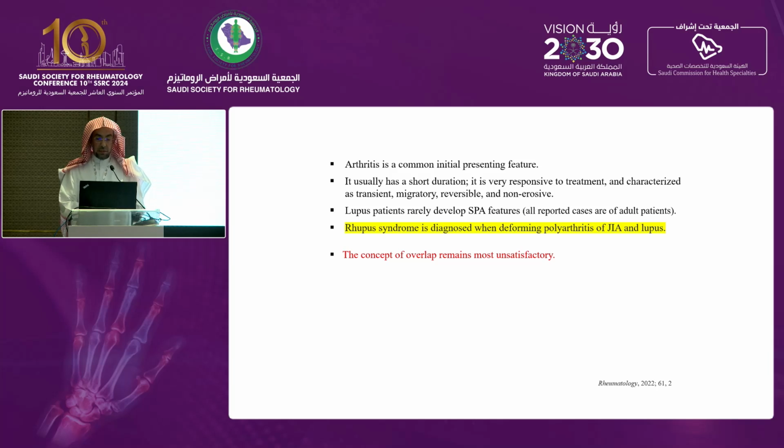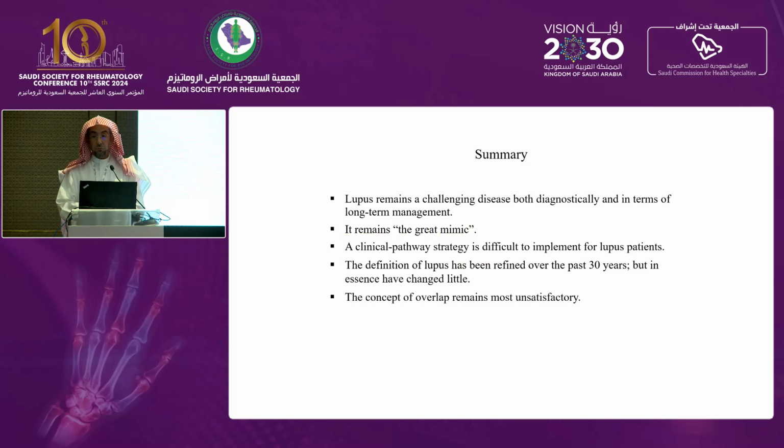The clinical pathway strategy is difficult to implement for lupus patients. If you compare it with straightforward diseases like infection, it's very hard to use the clinical pathway. The definition of lupus has been refined over the past 30 years, but in the sense it has changed a little. The concept of overlap remains most unsatisfactory.